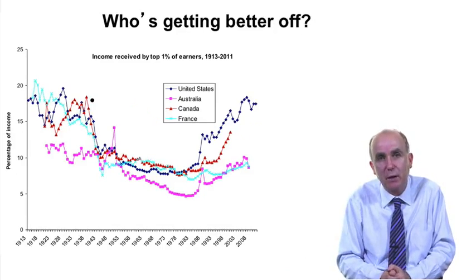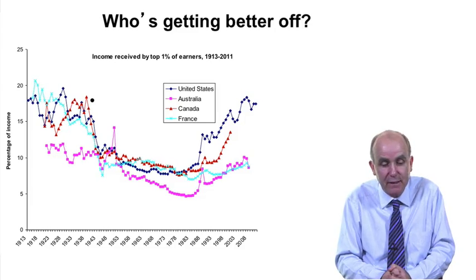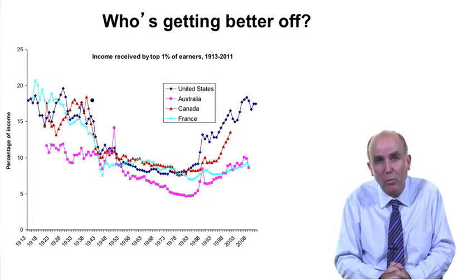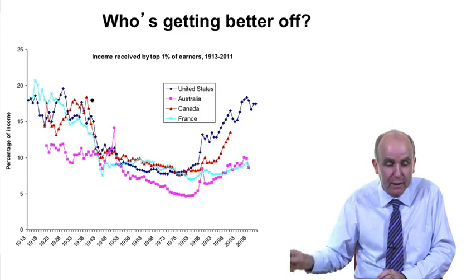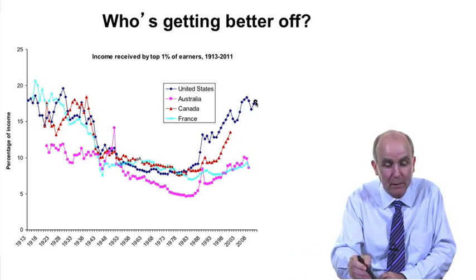Here's another perspective on market-based capitalist economies, the idea that there can be large inequality. So here's some data on the income received by the top 1% of earners during the 20th century and into the start of the 21st century. And you can see that there are large amounts of income received by the top income earners.